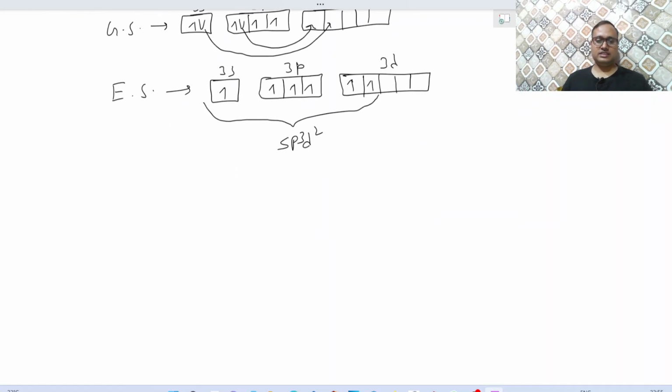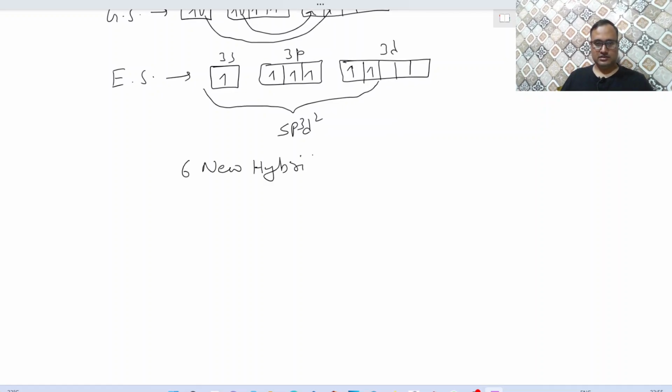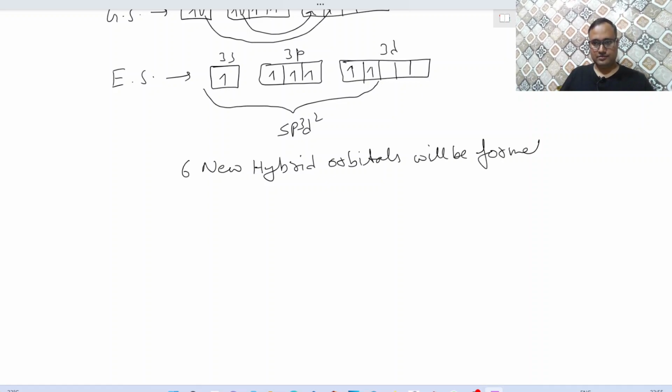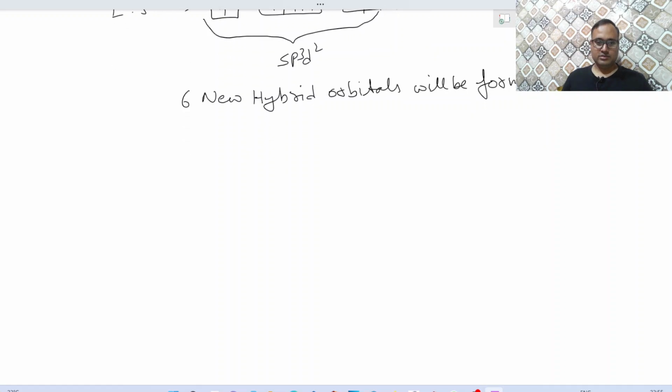So we will get 6 new hybrid orbitals, and they will align themselves in 3 dimensions in such a way that they have minimum repulsion and maximum stability.